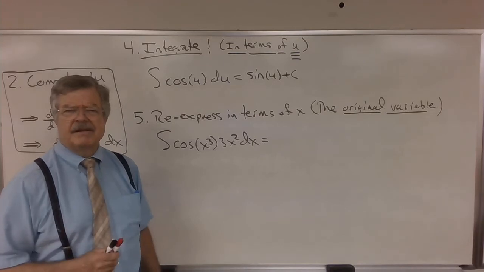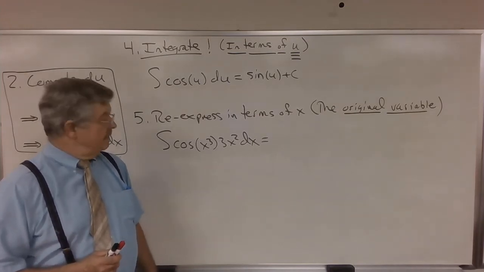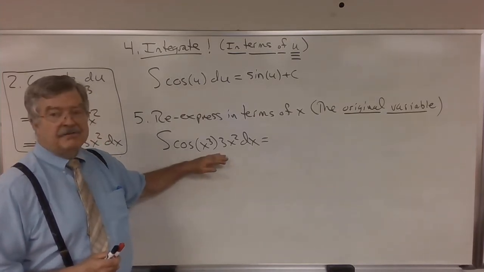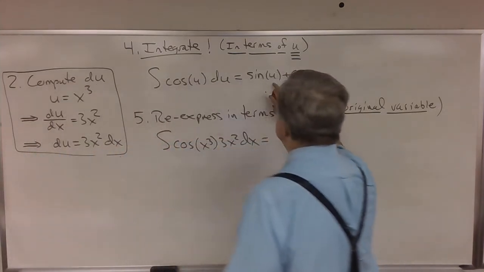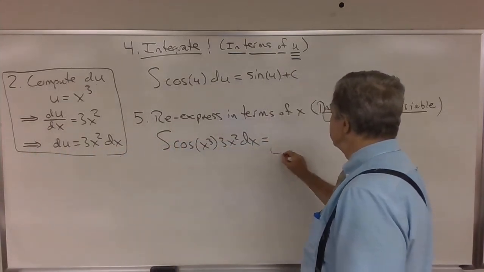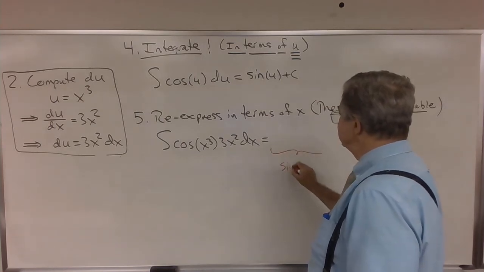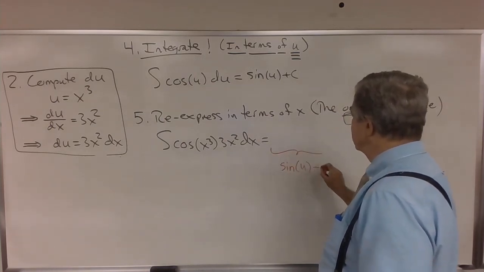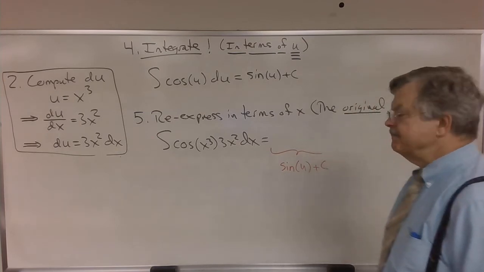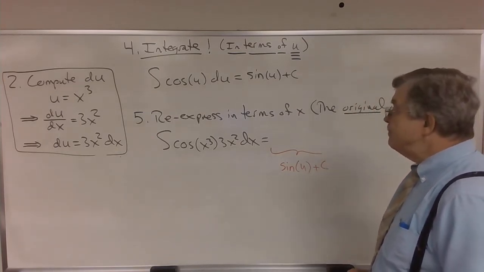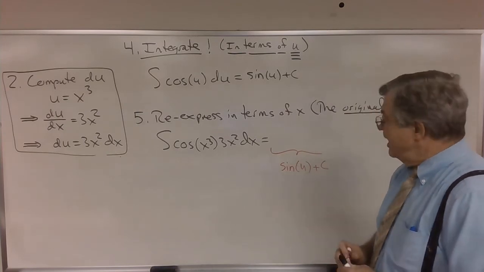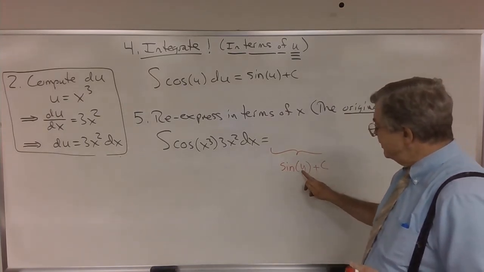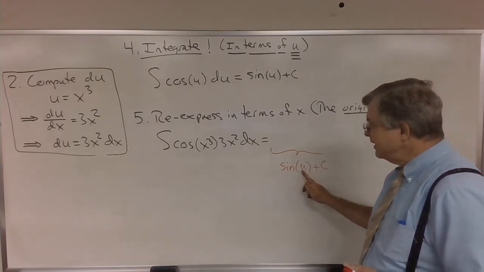What do you think? If we start out in terms of x, we want to finish in terms of x. Now, we know what our answer is in terms of u. Our answer is sine of u plus c. But what is our answer in terms of x?